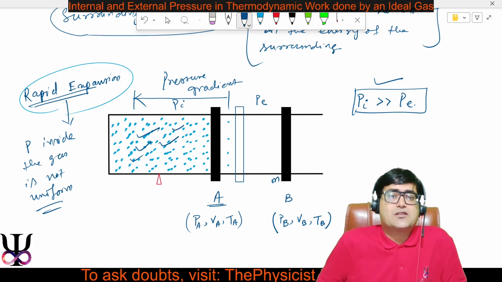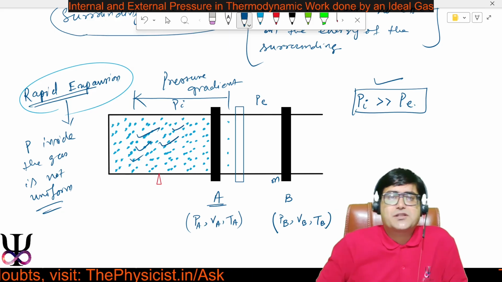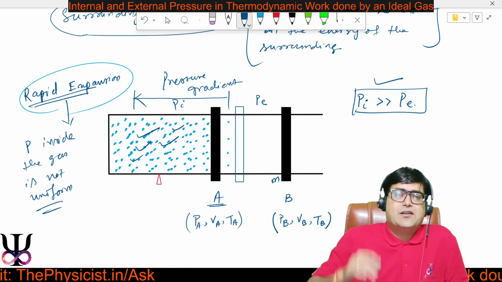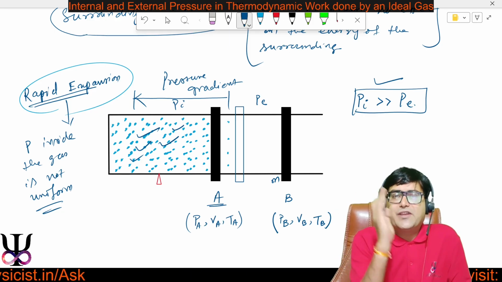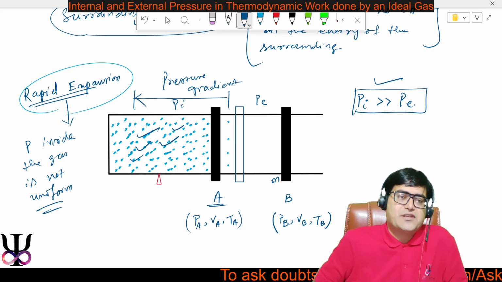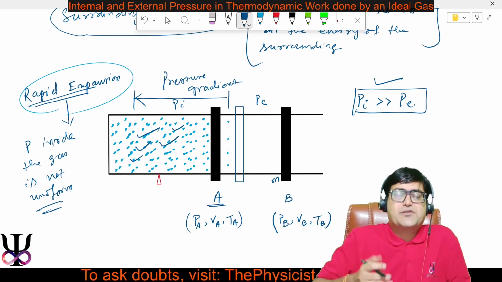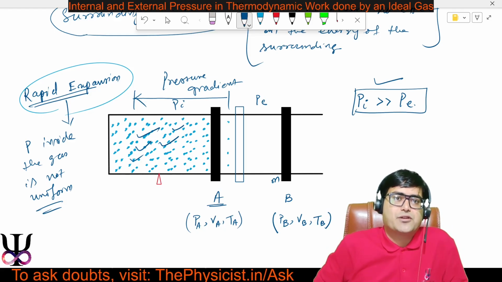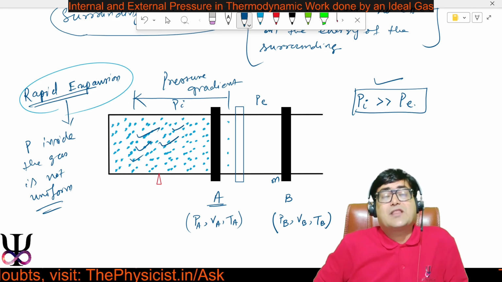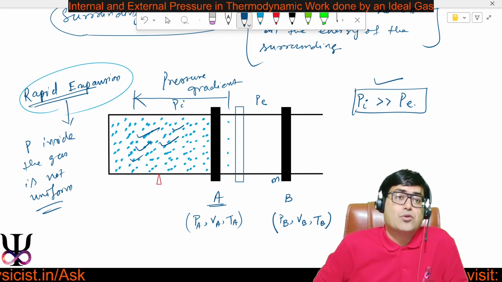Now, we assign a particular value of pressure to a gas in a thermodynamic process, especially when we can make sure that at every stage the gas is in steady state. Steady state means the pressure remains uniformly distributed and the temperature also remains uniformly distributed throughout the gas. For that to work, this process has to be extremely slow. It cannot be rapid.